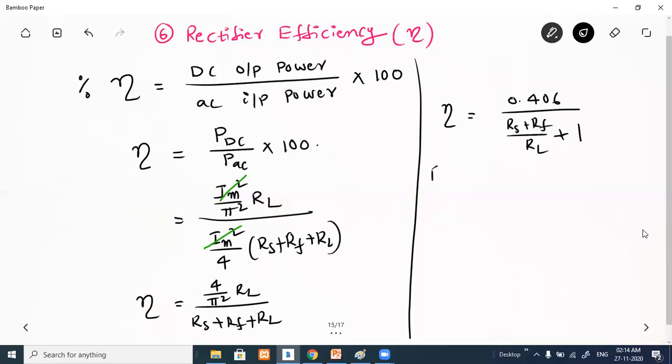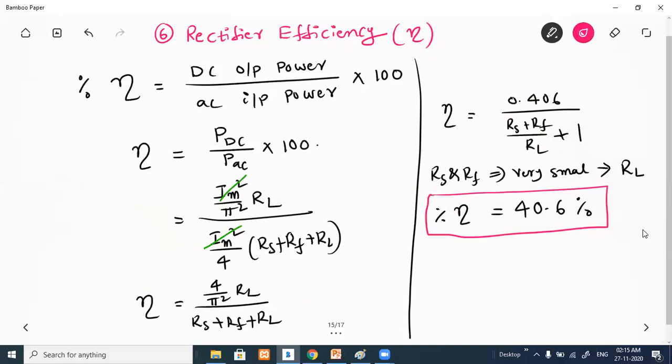Here Rs and Rf are internal resistances. Those are very small compared to RL, so we can neglect those two values. Then the efficiency percentage is equal to 40.6. The efficiency of the half-wave rectifier is 40.6 percent.